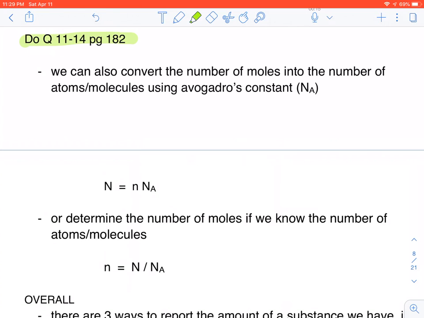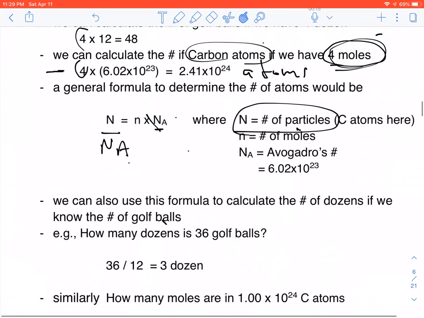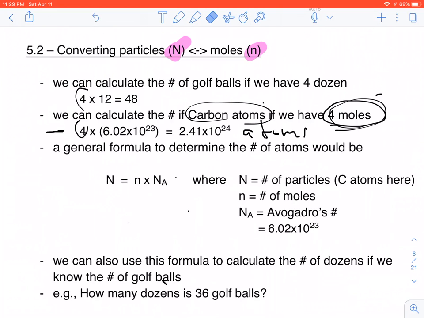The other thing that we can do, so we did this already earlier, way back in section 5.2, I believe. Let's just go back there. Back in 5.2, we had this formula here. This formula said, if I know how many moles I have of something, I can figure out how many particles I have, atoms or molecules, because I know Avogadro's number.